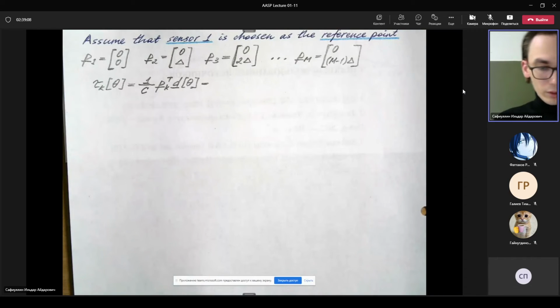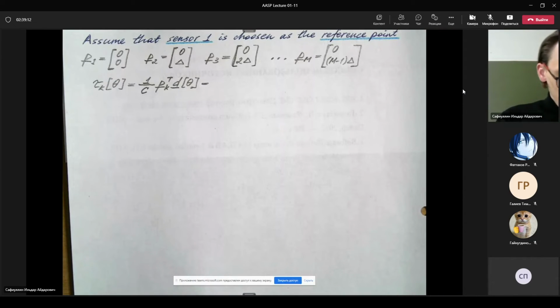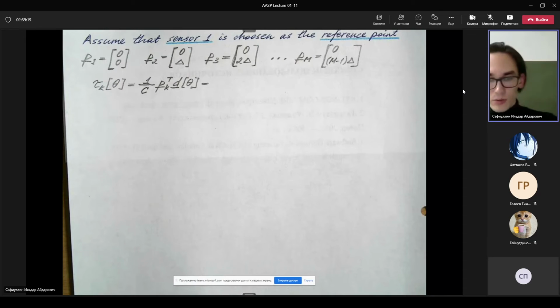If I'm not mistaken, let me check. D, no. D is the direction of the source. Yes, of the source.